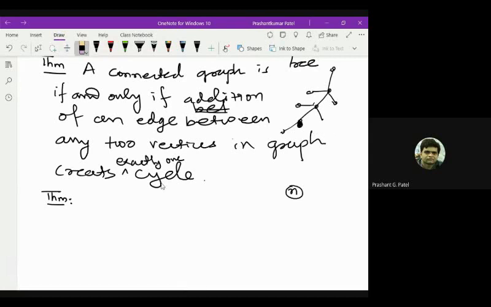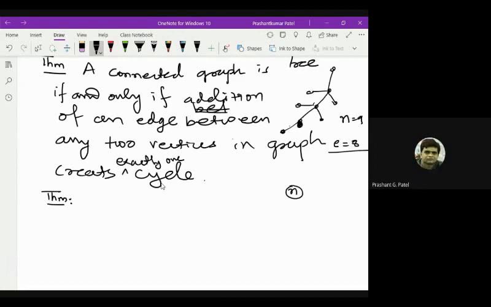This tree has 1, 2, 3, 4, 5, 6, 7, 8, 9 vertices, so n is equal to 9. So what is the number of edges, which I am denoting by E? 1, 2, 3, 4, 5, 6, 7, 8. It will be 8, n minus 1.